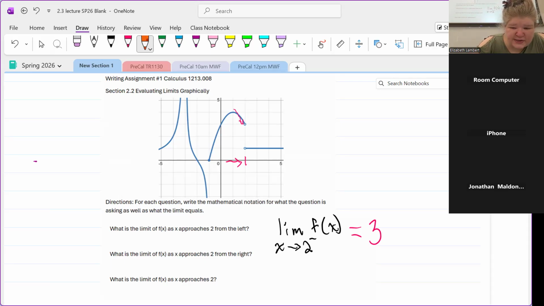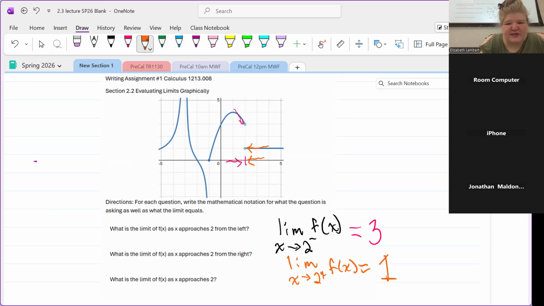Now we're going to do the other side. The limit as x approaches 2 from the right, that's from the positive infinity side. And from the right side, our function is just doing this flat line thing, and that flat line is at positive 1.